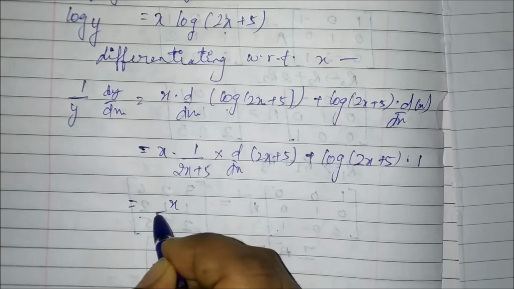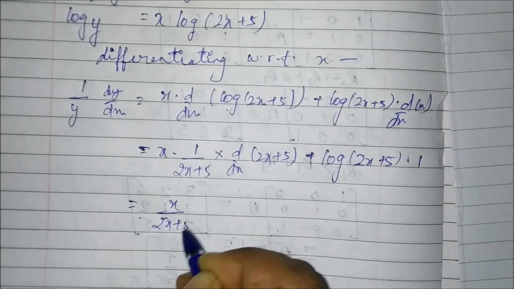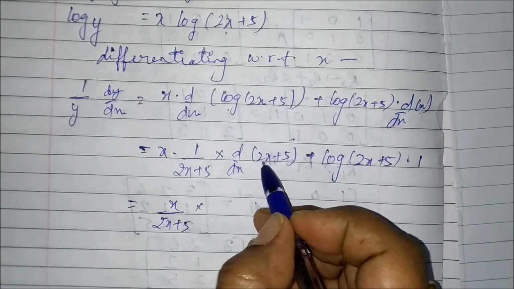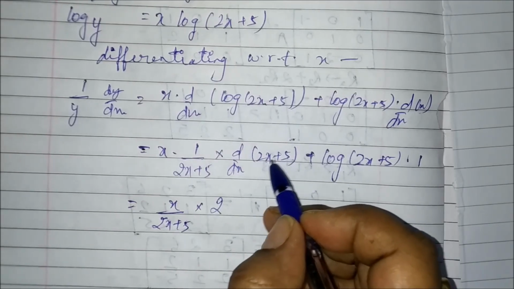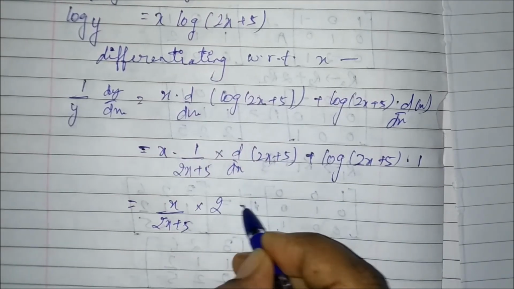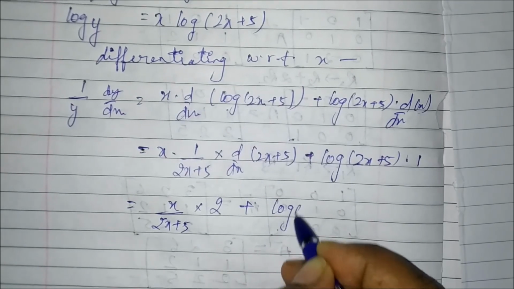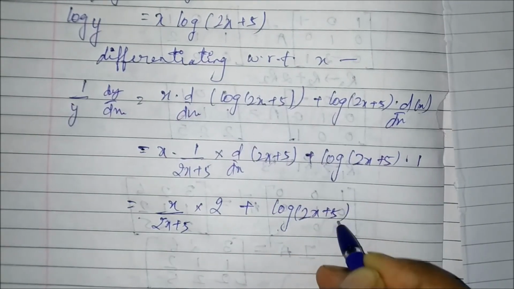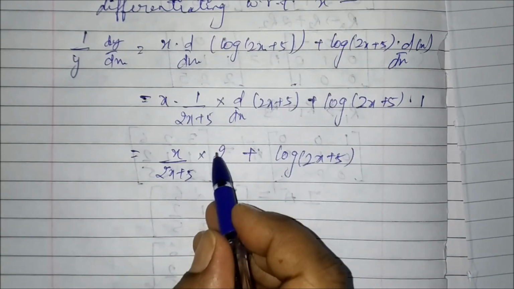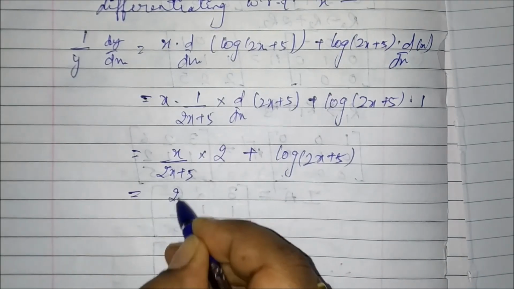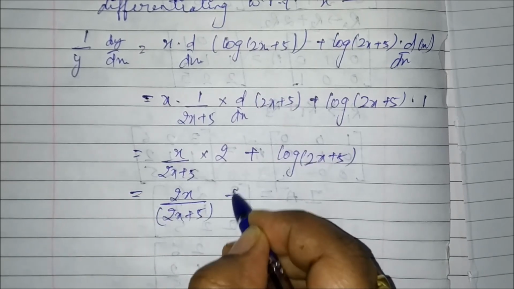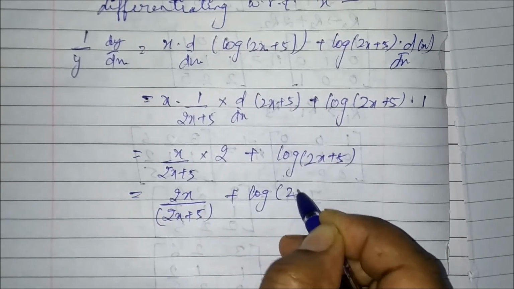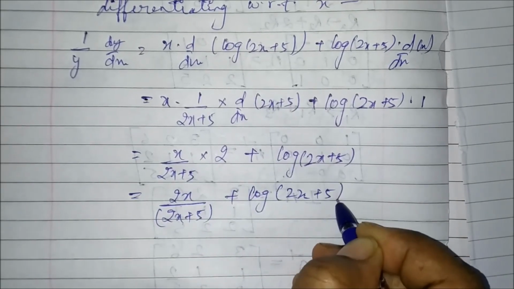Now we write here x upon (2x plus 5) into the derivative of 2x which is 2, and the derivative of 5 is 0. So we get only 2, plus log (2x plus 5). So at last we multiply 2 here also. We get 2x upon (2x plus 5) plus log (2x plus 5).